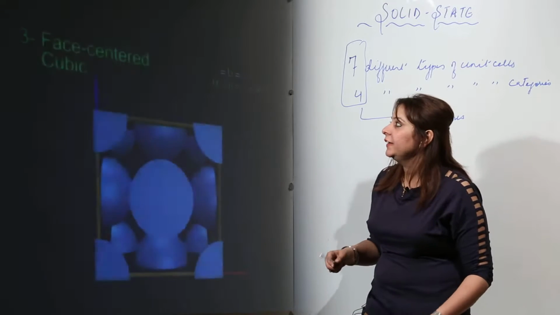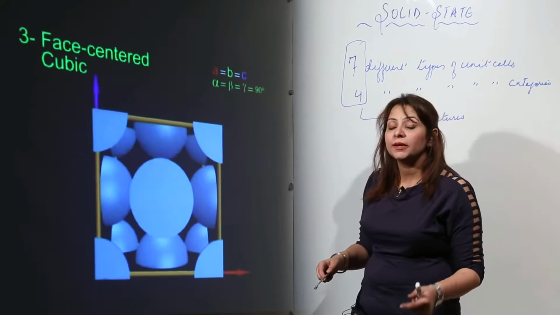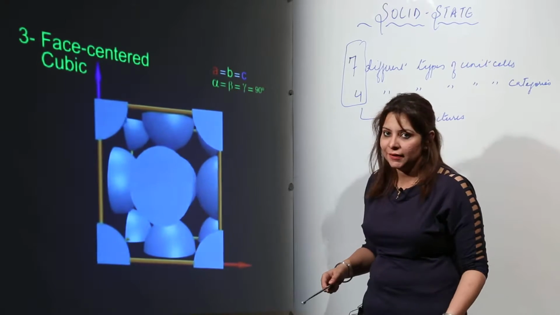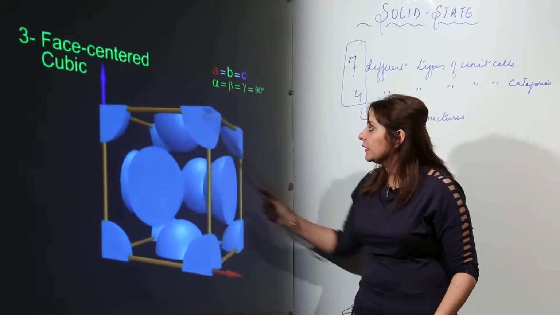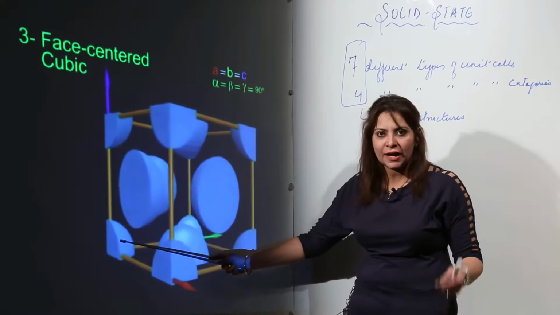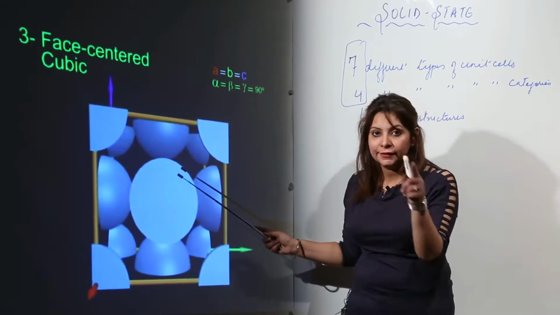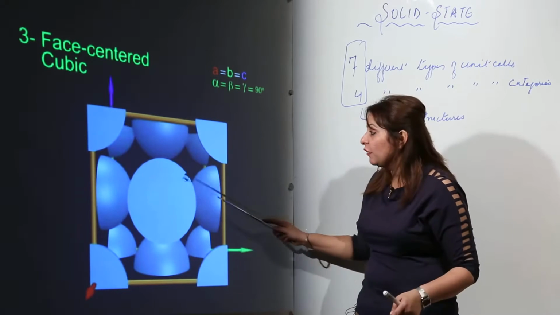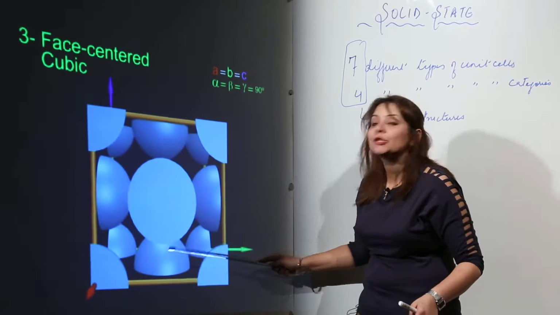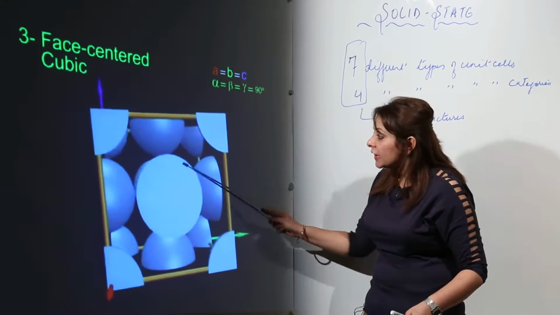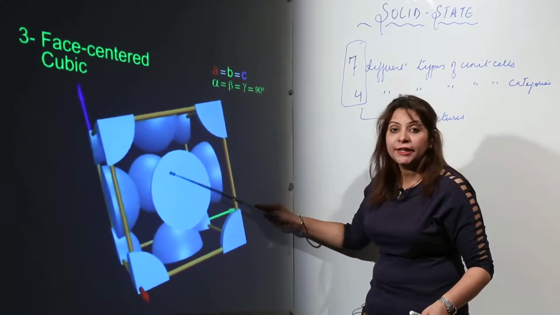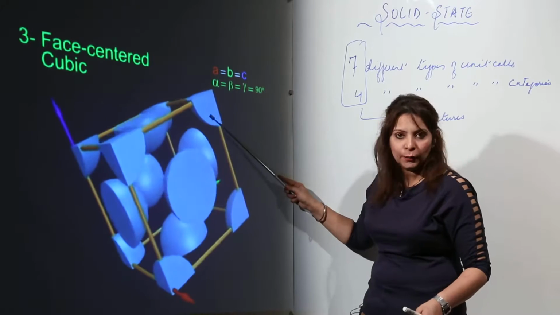And the next category in which we can find the cube arrangement is the face centered, in which we will get to see the particles again at the corners, right, as we had in the primitive one, and there is no particle in the center, but apart from that we have particles present in each face. And as you can see, the size of the particle present on each face is bigger as compared to the corner one.